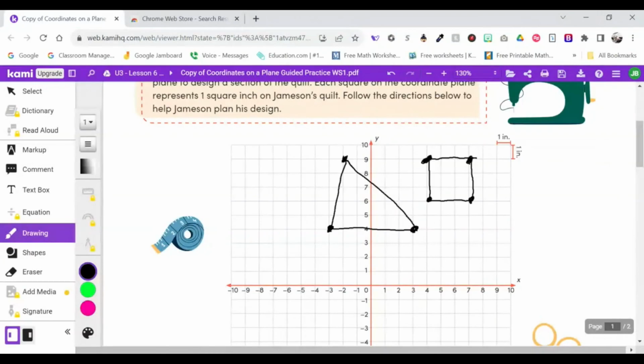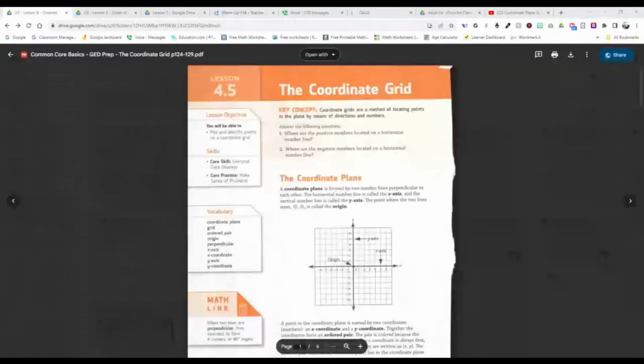Let me pull up what it looks like. I don't know if it's on Google Play or not. That's interesting. Let me see if it is.